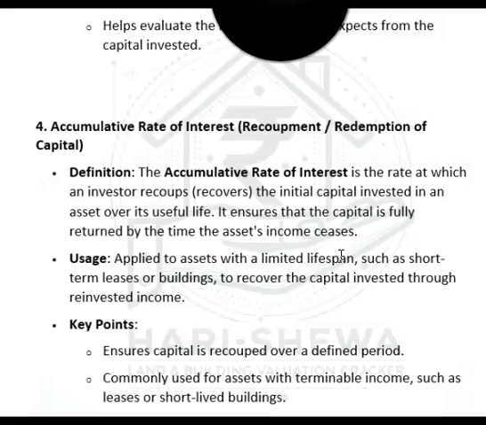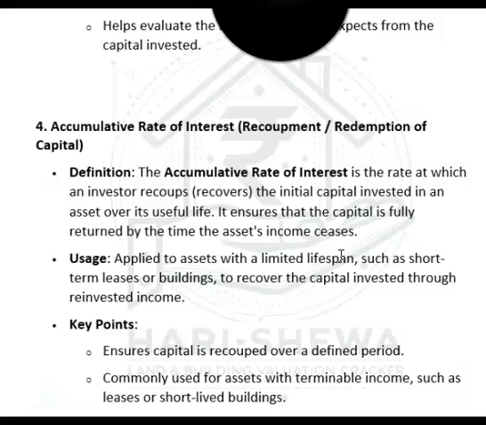He will earn the rent. After expiry of life, he will not get any further interest. So, in 40 years, he will put some money set aside.